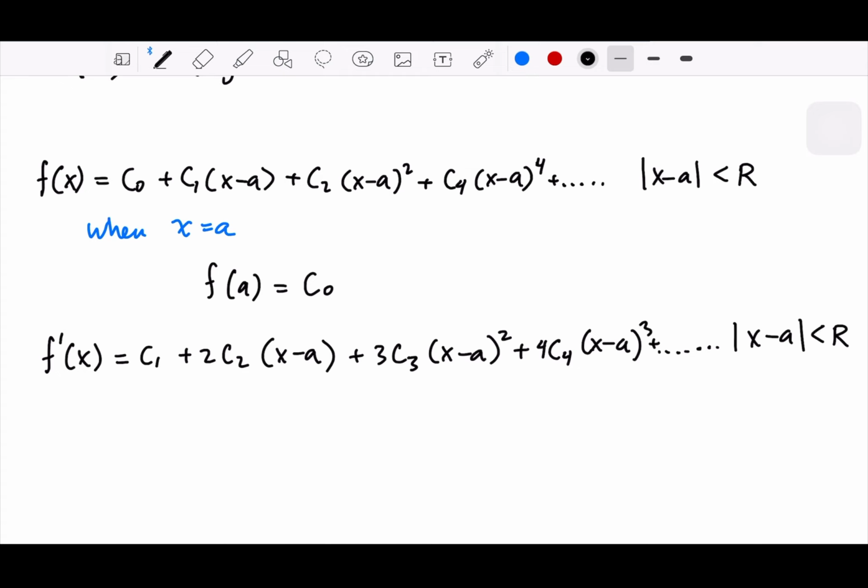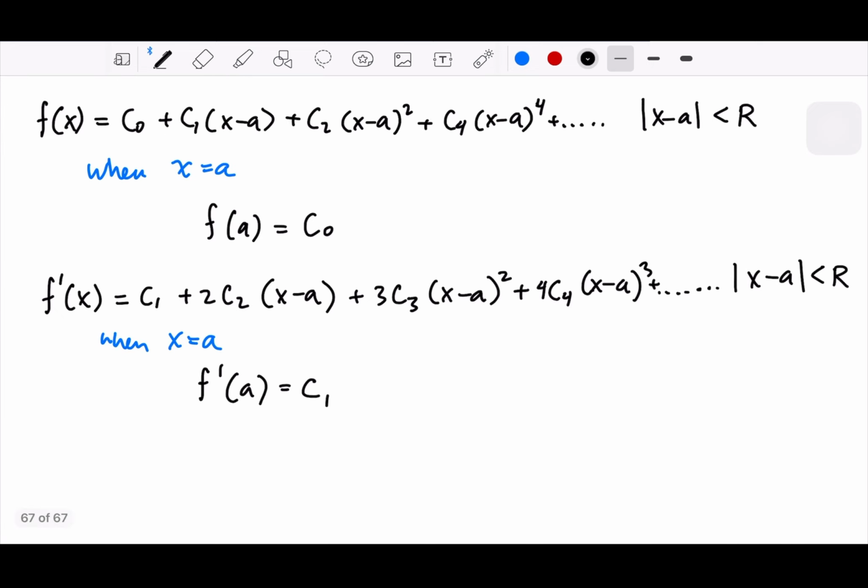Okay, and again we try when x equals a, and we see that our f prime of a is C1.